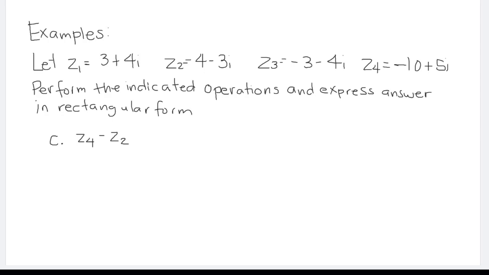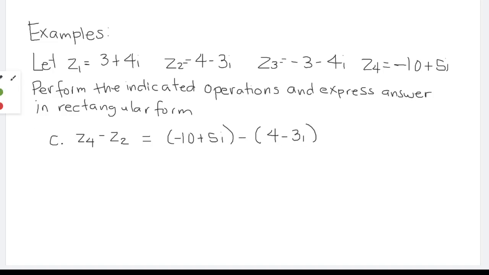For letter C, this time we're dealing with subtraction. So C4, that's negative 10 plus 5i, subtracted by C2, which is 4 minus 3i.